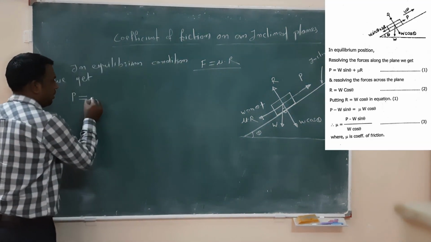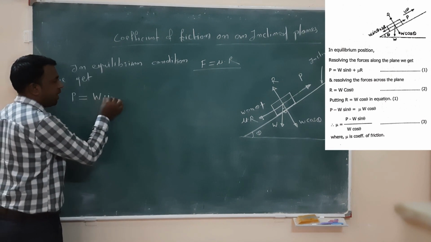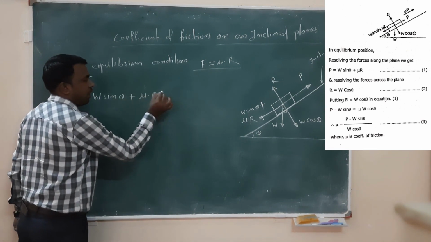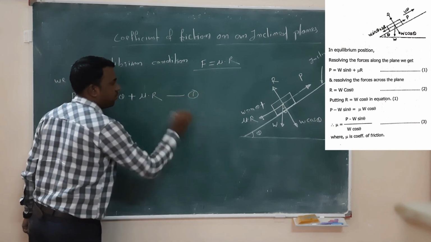So P is equal to W sin theta plus mu into R. This is our equation number 1.